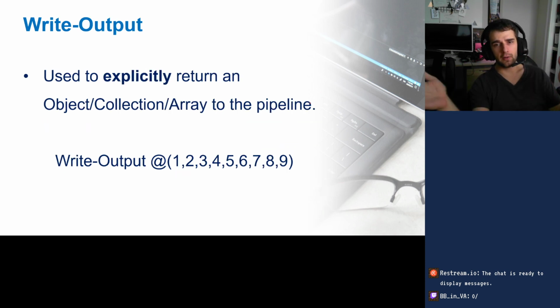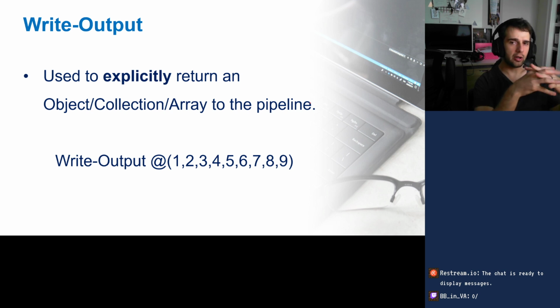Write-Output. This is one that I need to talk about for a little bit to make sure everyone's across. But again, it's something that we need to reiterate. Write-Output is used to explicitly return an object, a collection, or array, a value to the PowerShell pipeline. It's really important because when we're using Write-Output, we can pass that output through to the next item within the pipeline.